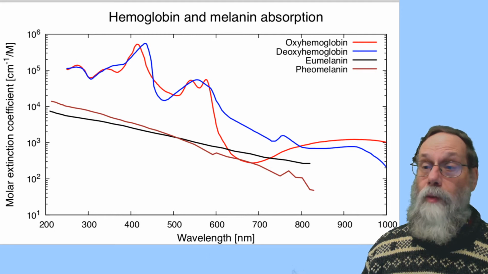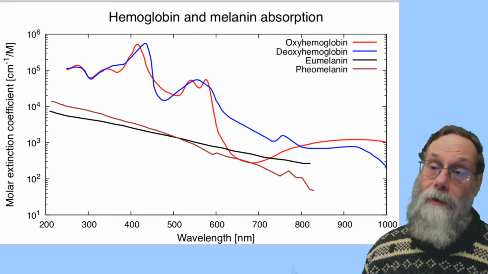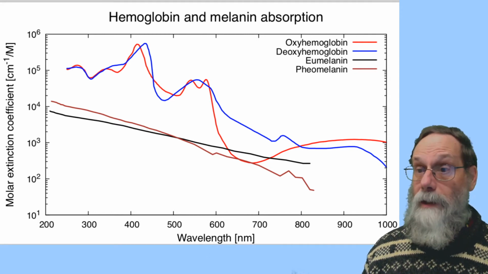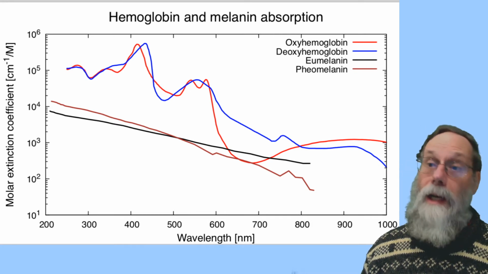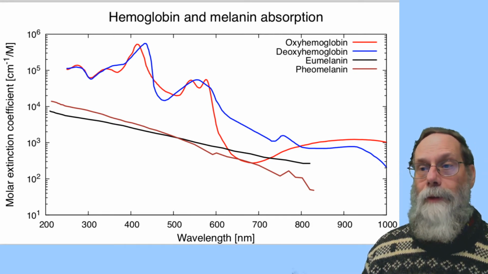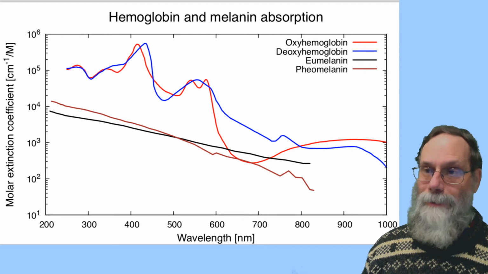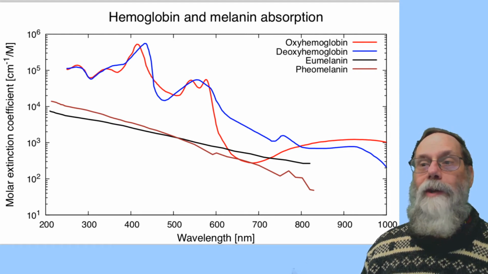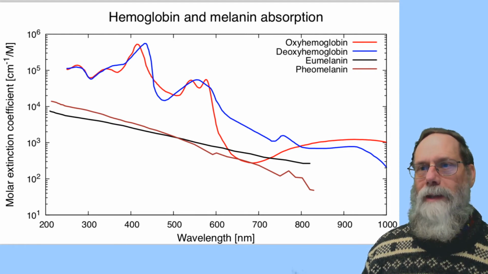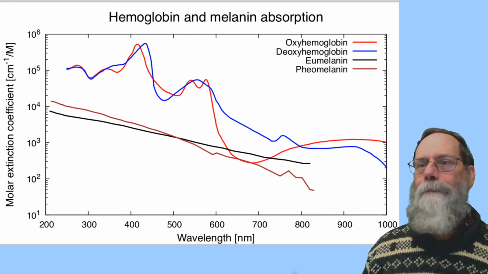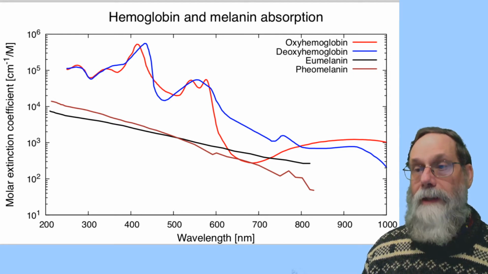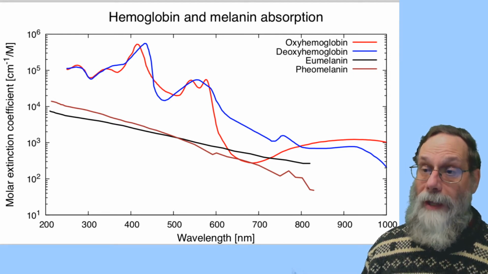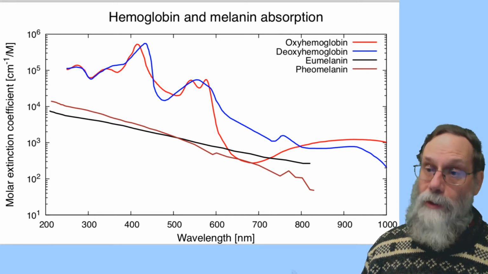And this is what a pulse oximeter cares about, is how much of your hemoglobin that you've got there is oxyhemoglobin and how much of it is deoxyhemoglobin. Because if you're healthy and your lungs are working correctly, you should be getting something over 95% oxygenation, and when it drops below that, it's a reason for concern.